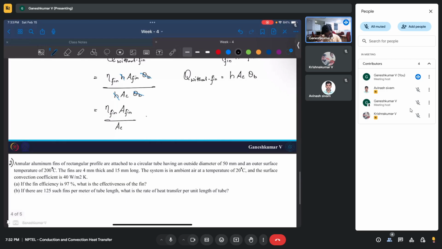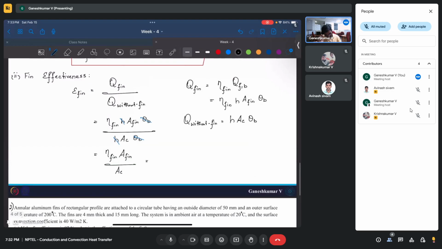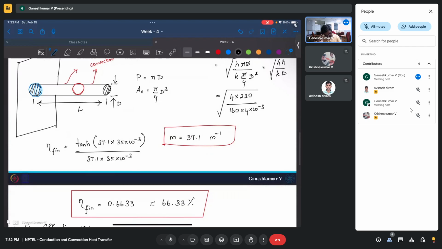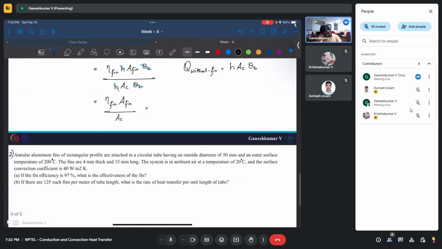Now area of the fin is going to be, what is the area of the fin? It's going to be this entire surface area, plus this surface area if the fin is not insulated, but since it is insulated there is no heat transfer, so it's going to be this entire surface area, or perimeter times length. So let's write that down.